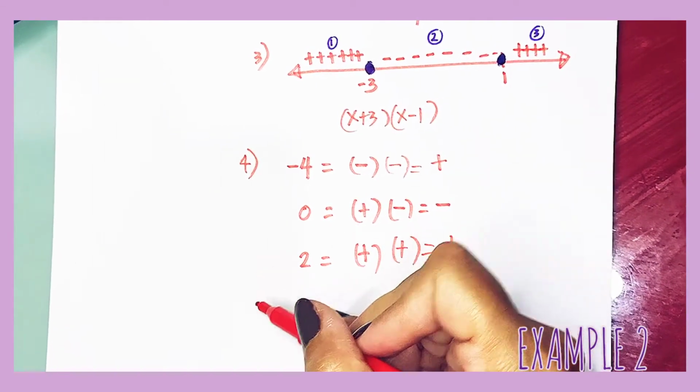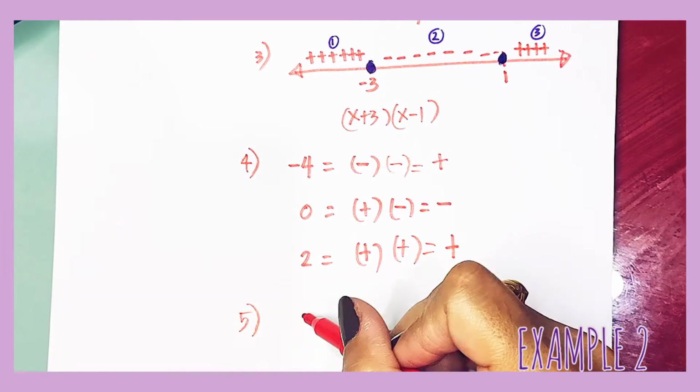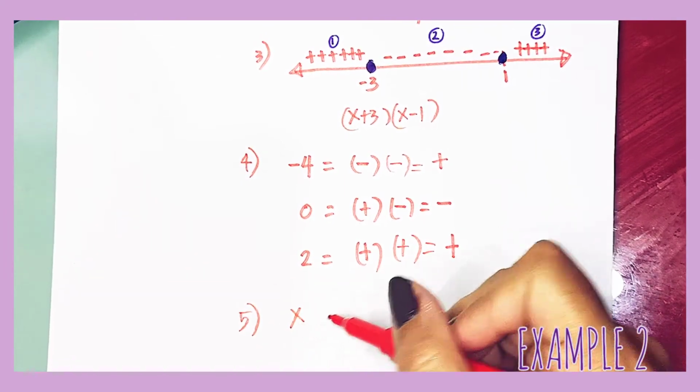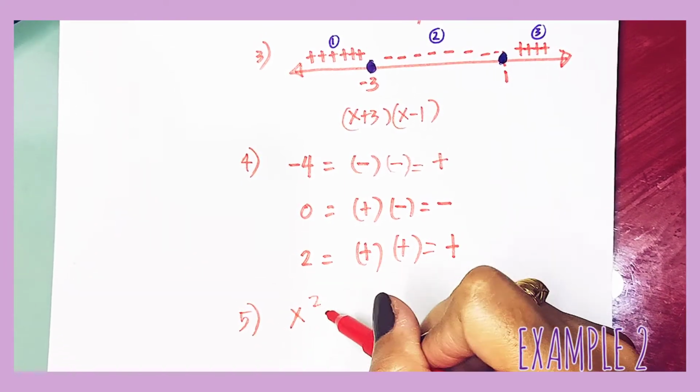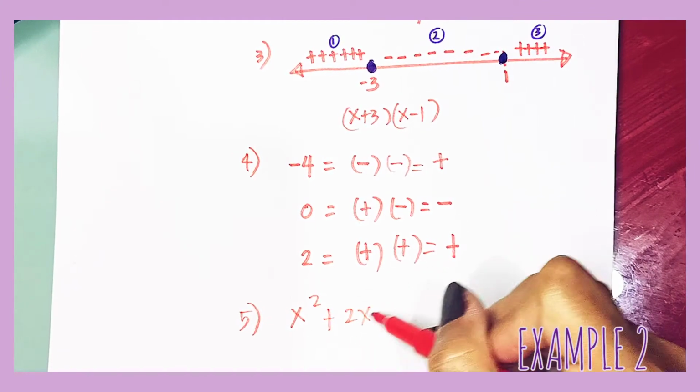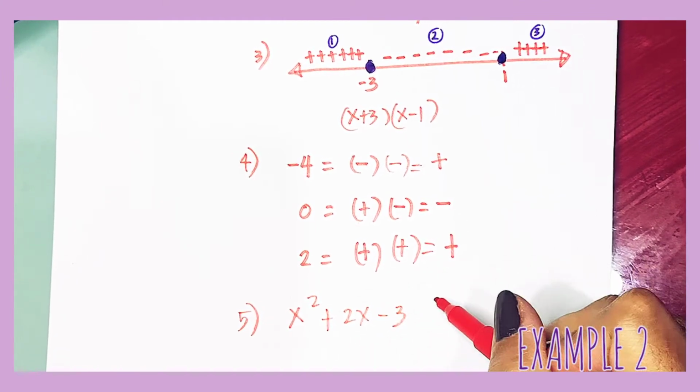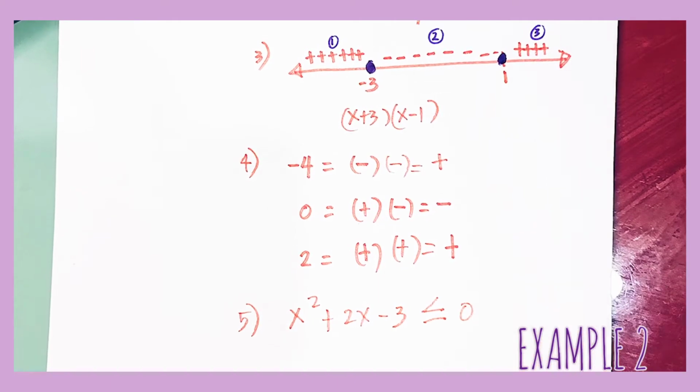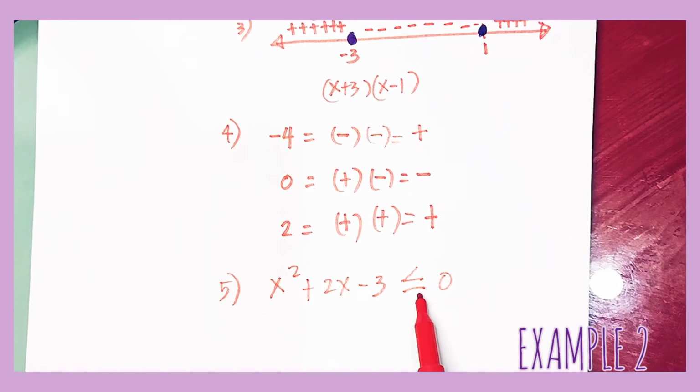Now, let us consider our given inequality, which is x squared plus 2x minus 3 less than or equal to 0. What are the numbers that are less than 0?